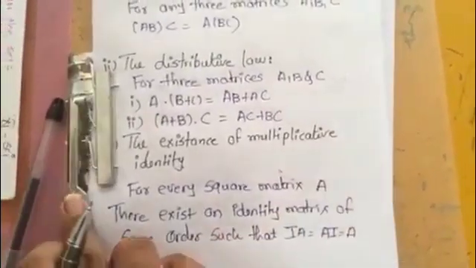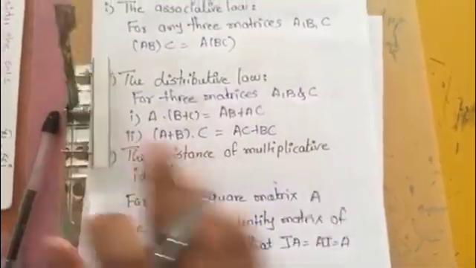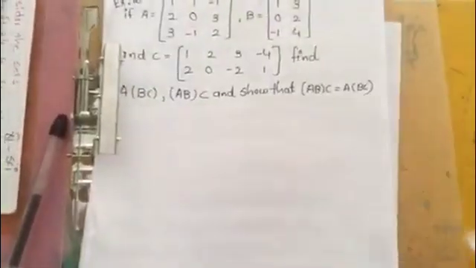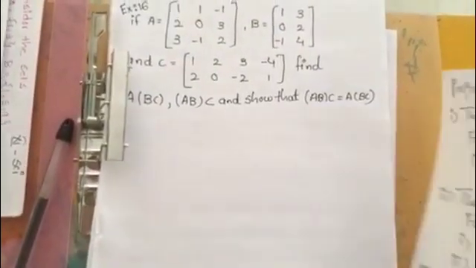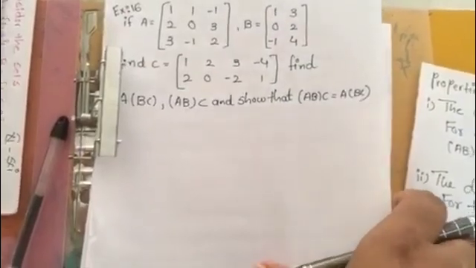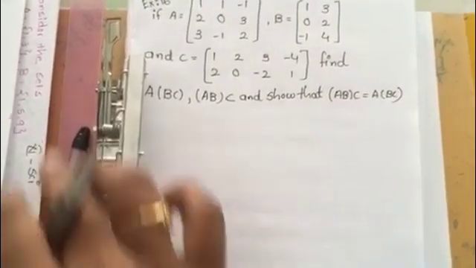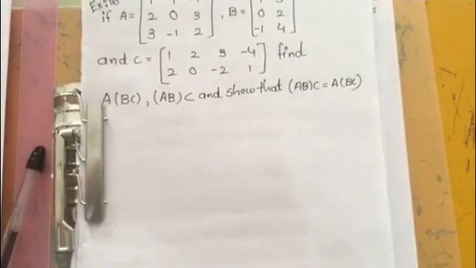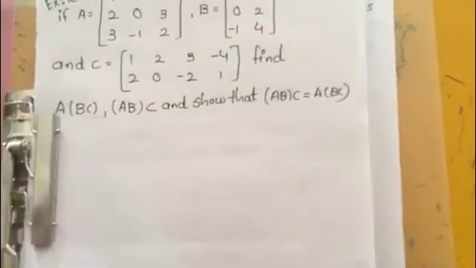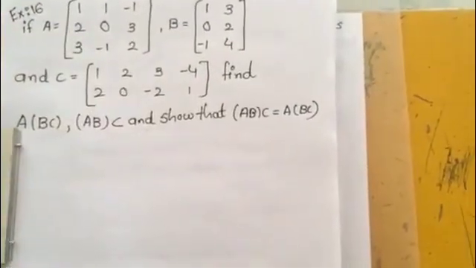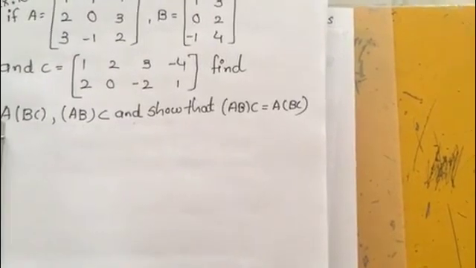Now move on to solve some examples related to this. Let's start with example number 16, in which we are given A, B and C, and we have to check A(BC) and (AB)C and show that (AB)C is equal to A(BC).